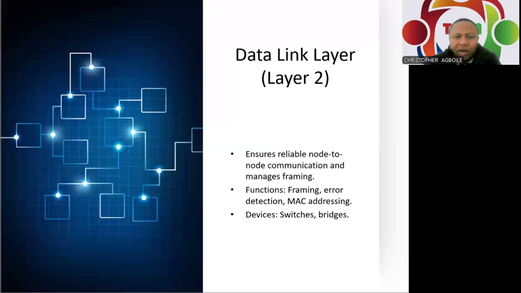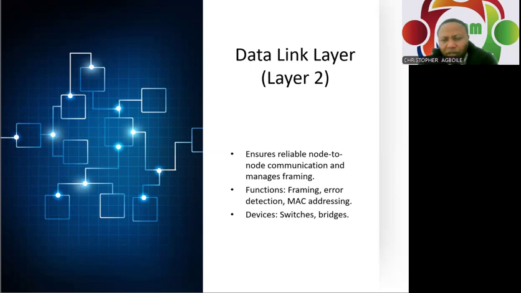So we have layer 2. Layer 2 is to ensure reliable node-to-node communication. It also handles data framing. It helps to detect errors. Talking about layer 2 now, which is the data link. And also, when there are errors, it helps to correct them.